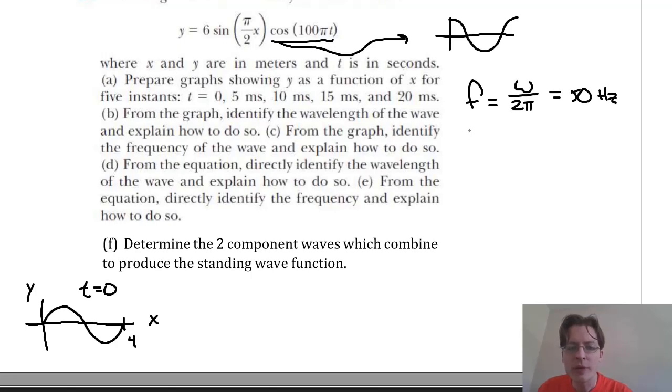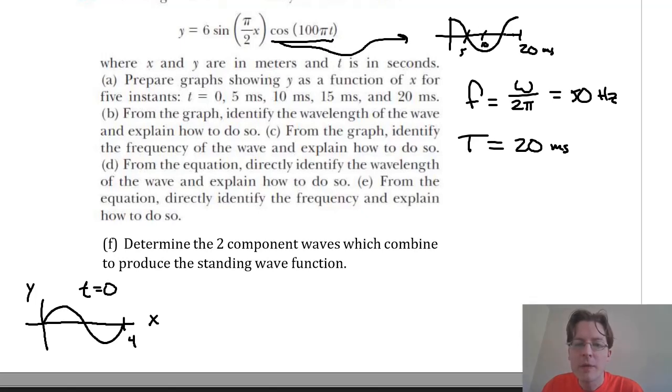In other words, the period, 1 over 50, is 20 milliseconds. So this is 20 milliseconds here. This is 5 milliseconds. This is 10. This is 15. And it repeats again after 20.